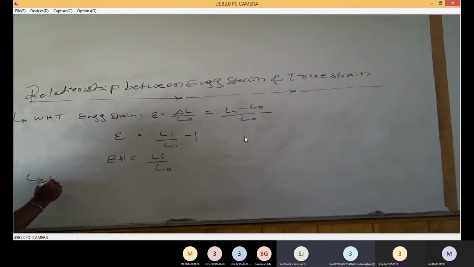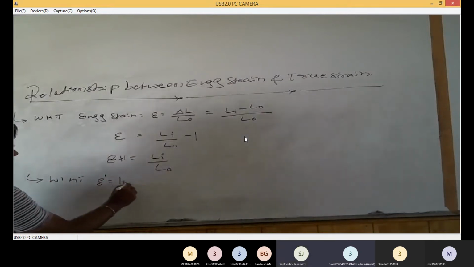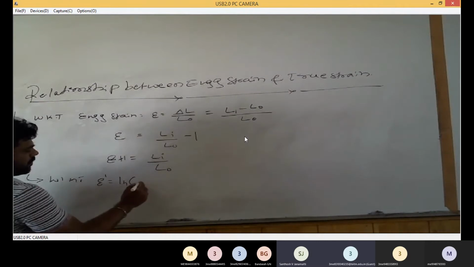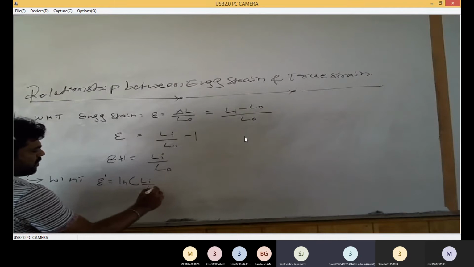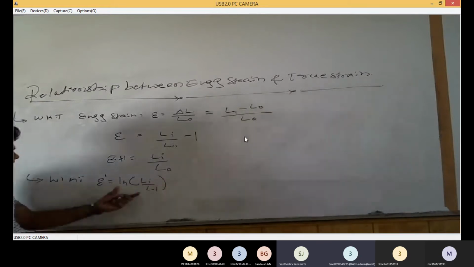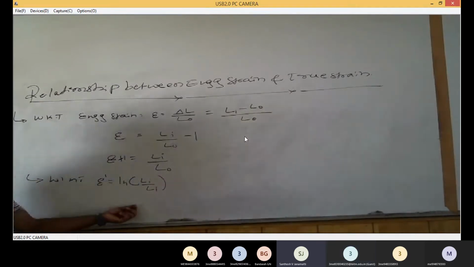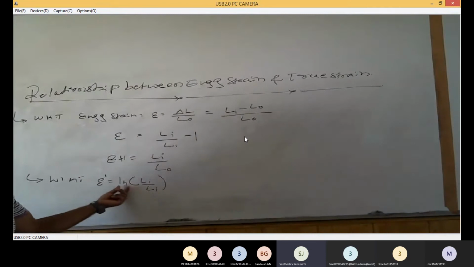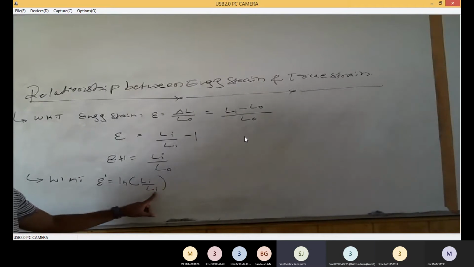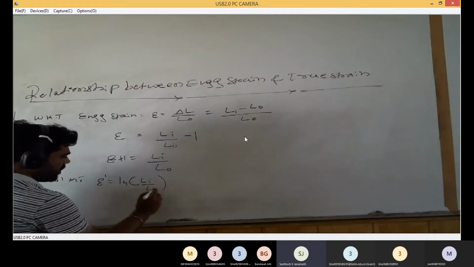We know that true strain is equal to ln of the summation of Li by L naught. That's what I can take as ln of Li by L naught. Sorry, Li by L naught.